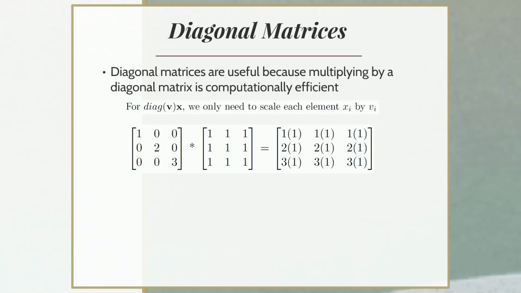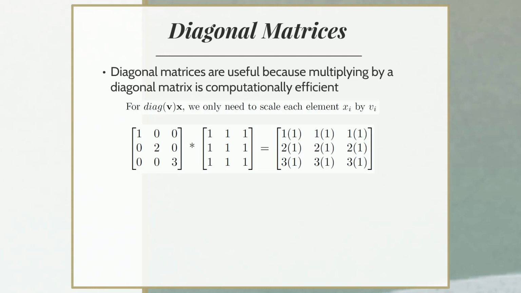You see on that first one, for example, we'd start on the first row. We'd have a 1 times 1 in the first column of our second matrix. However, as we move across the row in matrix 1 and down the column in matrix 2, all additional entries are going to be 0. Same thing for the second row. Everything's 0 except when we're multiplying the 2. And then everything is 0 except when we're multiplying the 3 on row 3.